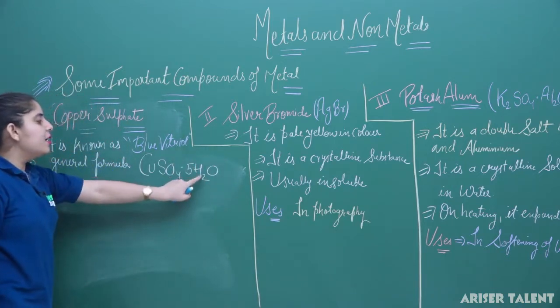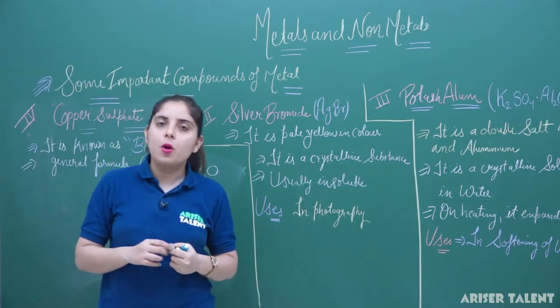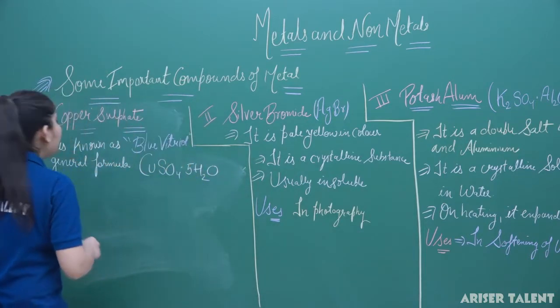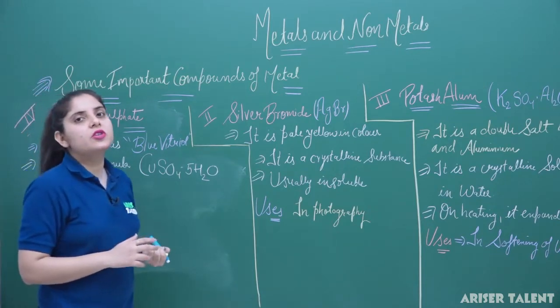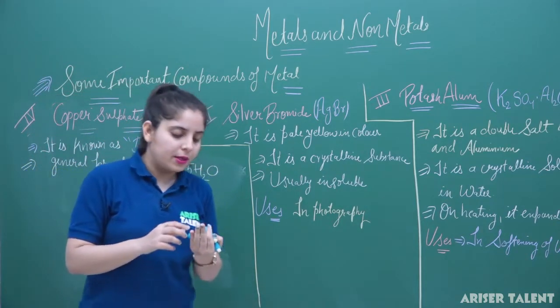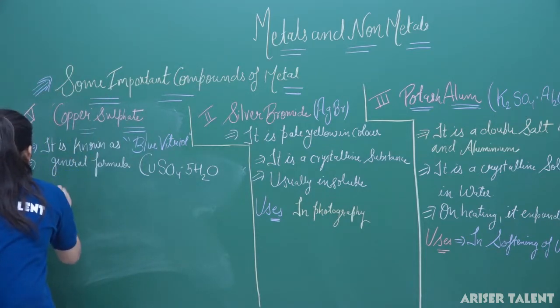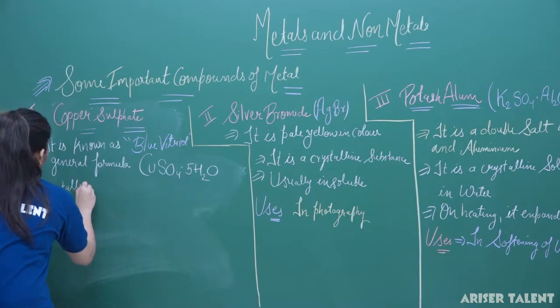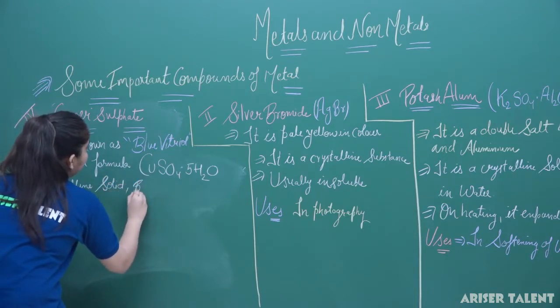So you can see here the 5H2O is the water of crystallization that is attached to copper sulphate. Generally it is blue in color, having a crystalline structure which is soluble in water. So these are its basic properties, that is it is a crystalline solid, usually blue in color.